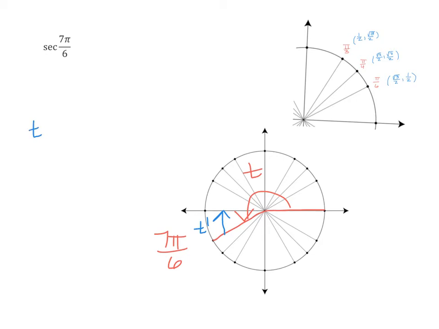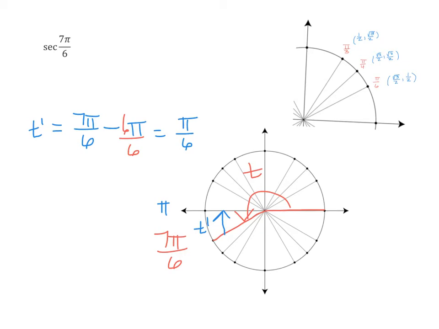So to find t prime, we're going to now take the difference between our angle, 7 pi over 6, and pi. All right, so if we get a common denominator of 6, multiply top and bottom by 6 here, we see that our reference angle is pi over 6.